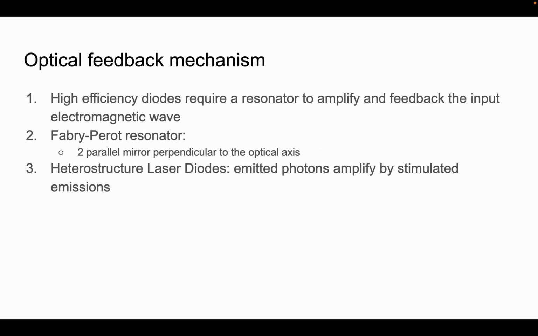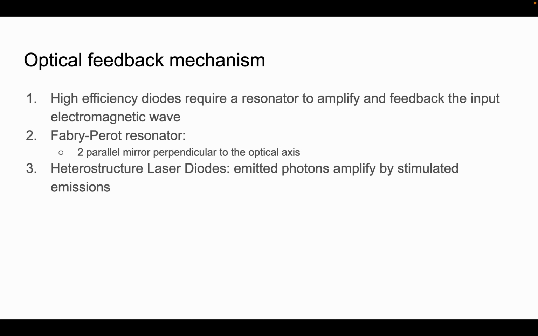So moving on to optical feedback mechanism, high efficiency diodes require a resonator to amplify and feedback the input, which is an electromagnetic wave. So the resonator used is called the Fabry-Perot resonator.